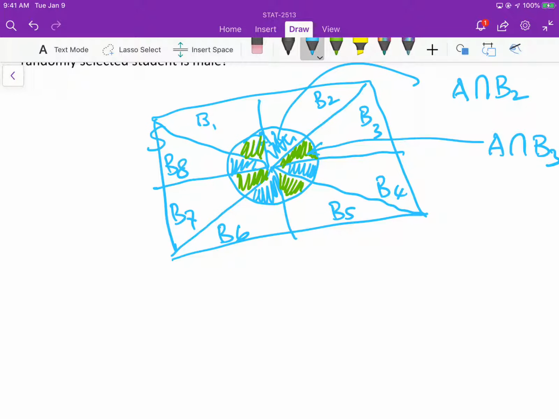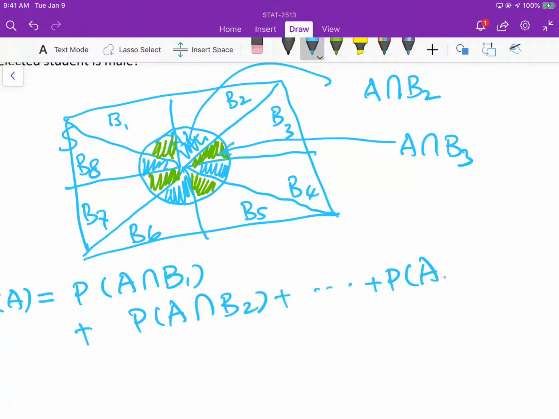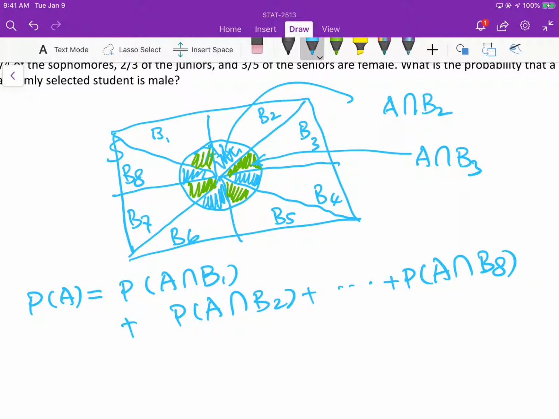So basically, to calculate the probability of event A, we calculate the probability of A intersect B1, and the probability of A intersect B2, and we add them together, up to the probability of A intersect B8.